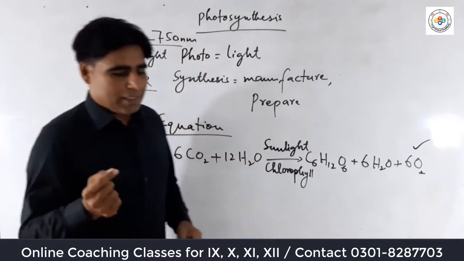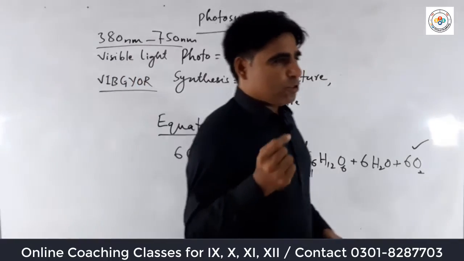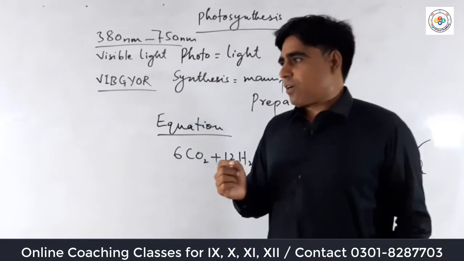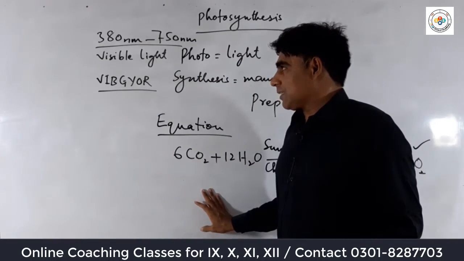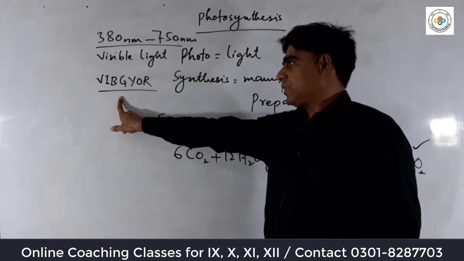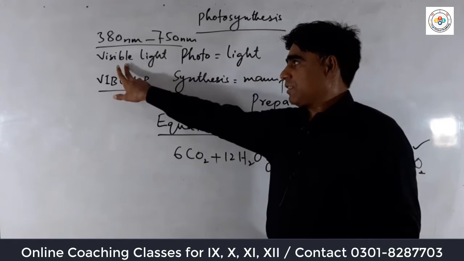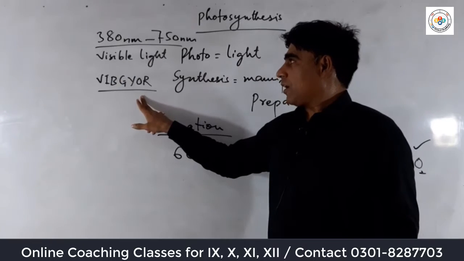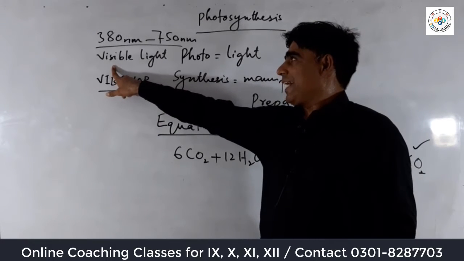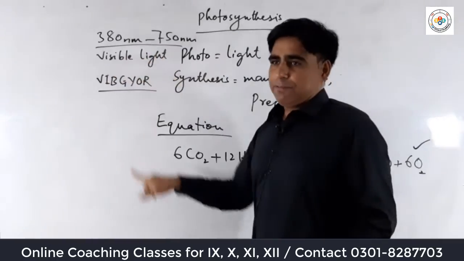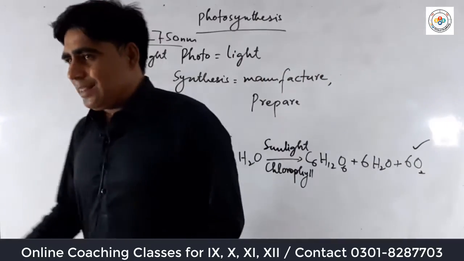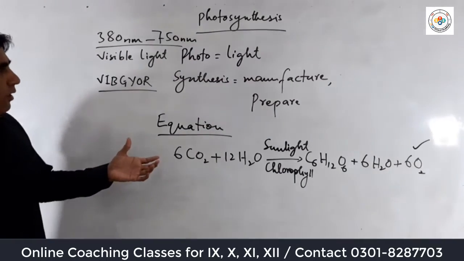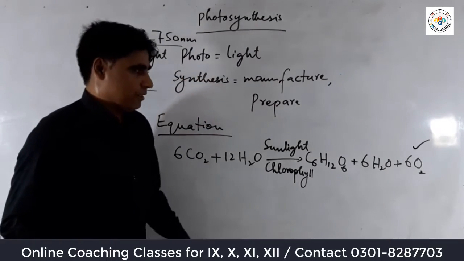The single word can help you to remember that all the spectra required for photosynthesis come within a word, Vibgyor, which is visible light. The range of this Vibgyor is from 380 nanometers to 750 nanometers. All these spectra of light are helpful in photosynthesis.